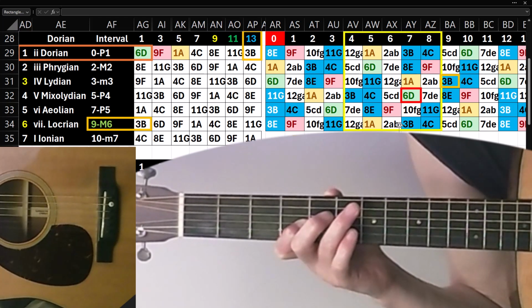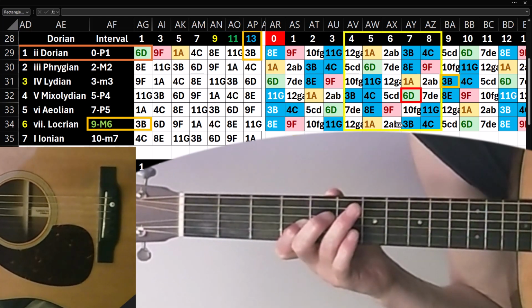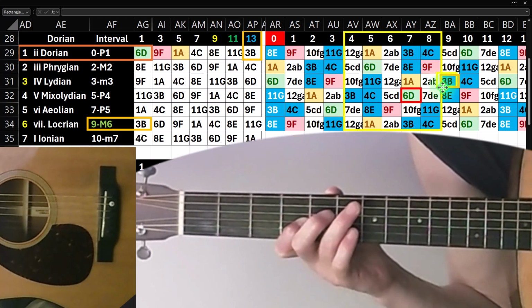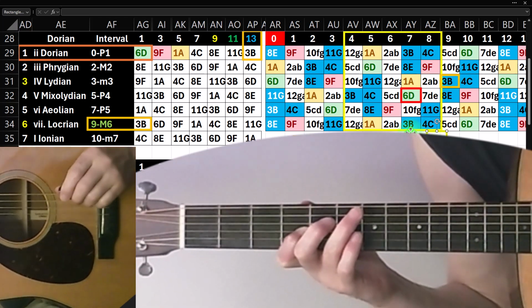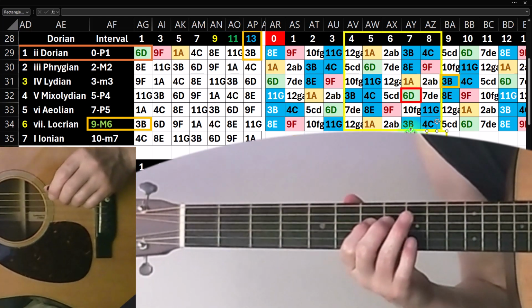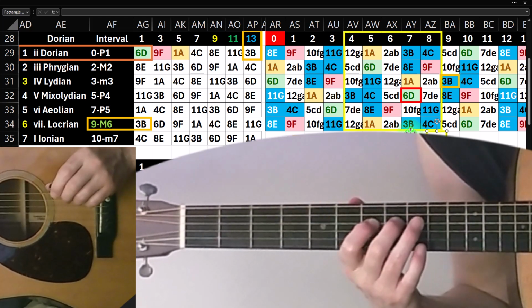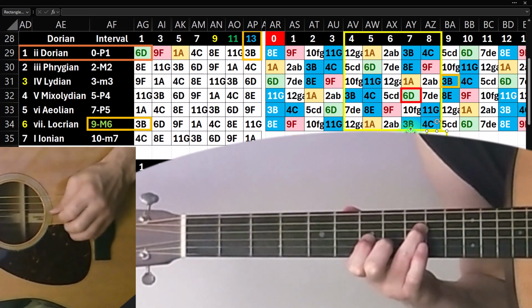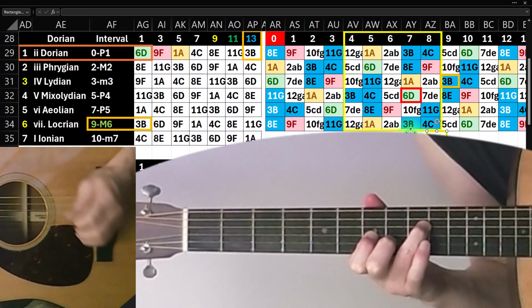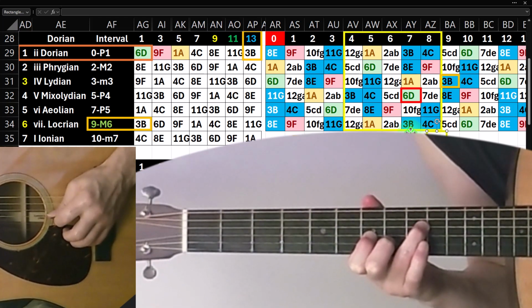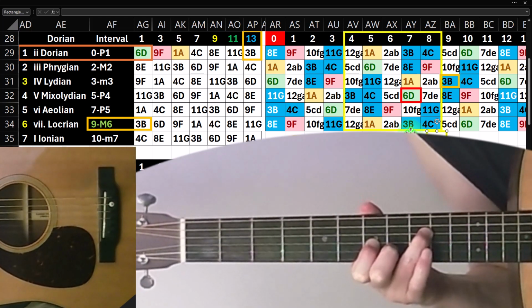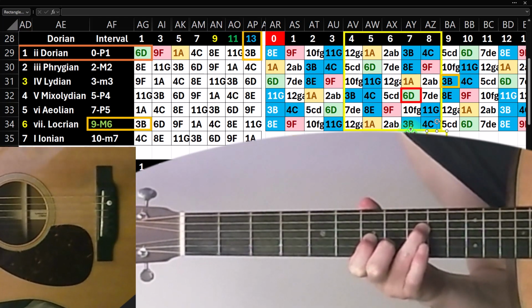The distance is going to be 12 minus 9, inverse distance of 3. So if I count it up, it's 5, 4, 3, right? So if I went from B to D, that would be a 3-note away minor third. Therefore, the inverse from D to B, bottom to top, is going to be a 9-note away major 6.